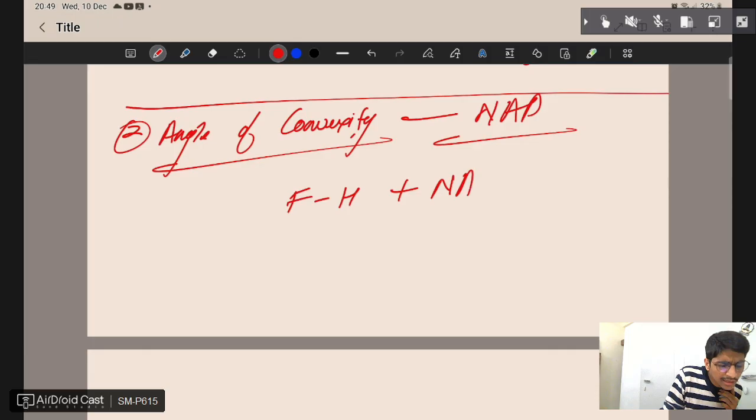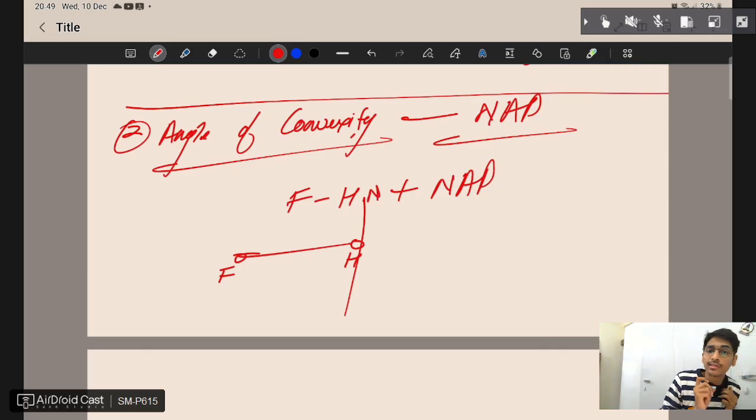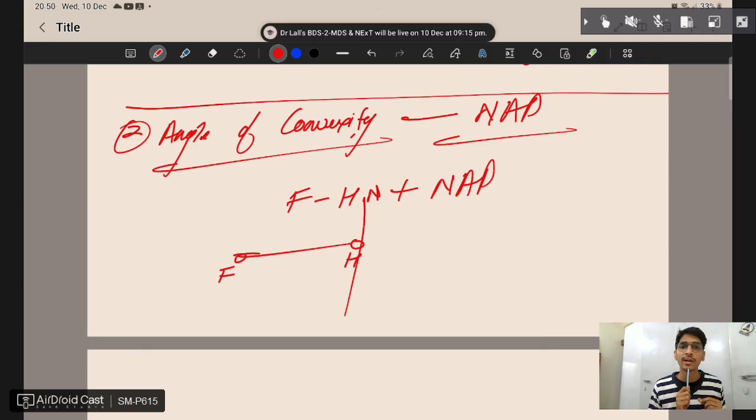Now imagine FH again, a parallel straight plane. Now nasion. Now the thing comes, guys. Now very carefully listen. As we know, in a normal class 2 situation, the maxilla will always be ahead of the mandible.